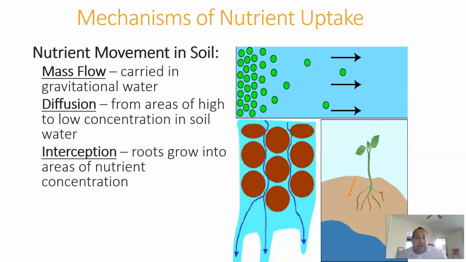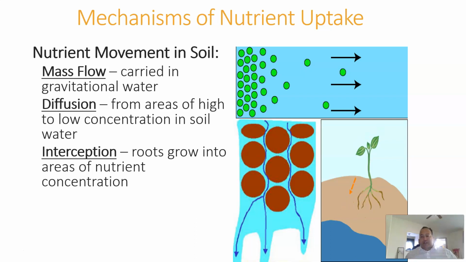Another one is the idea of diffusion. So from areas of high to low concentration in soil water. And so we see that in the top picture there, where if there's an area of high concentration, then it'll move to low concentration, and then that movement can free up some nutrients as well. And then there's also the idea of interception there on the bottom right, where roots grow into the areas of nutrient concentration.